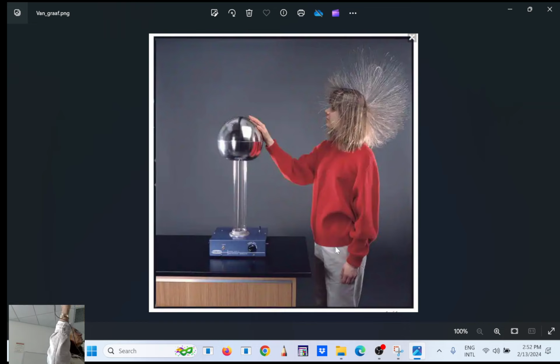So I have 100 volts here, and I am connected to the ground. Do you agree? So my voltage is zero. So between me and this, you have 100 volts, right? So it should be enough to light that fluorescent tube here.